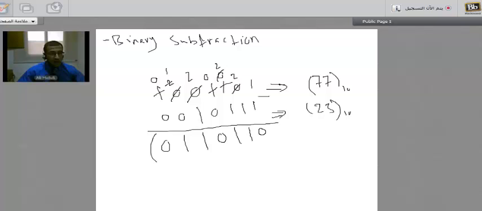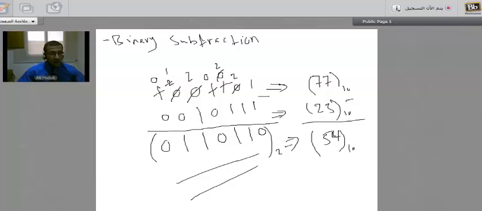So this number in binary equals 54 in decimal. If you subtract these numbers, you should get the same number, 54. Again, you've got to be able to do the conversion as we had in the last lecture. It is very important, otherwise you will have problems later.